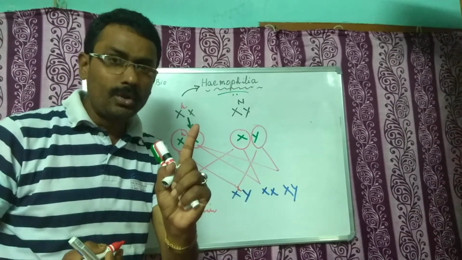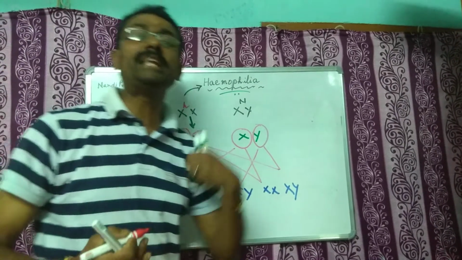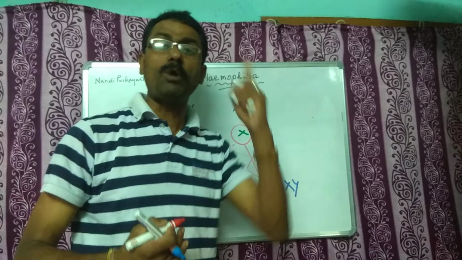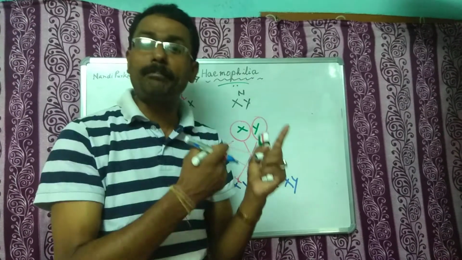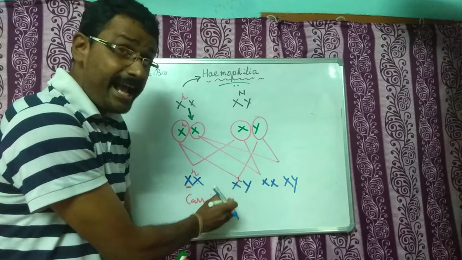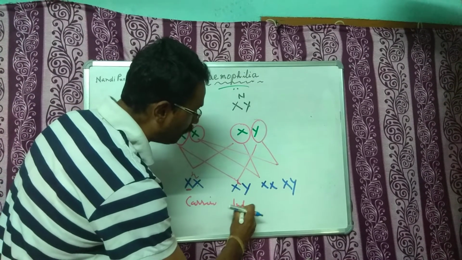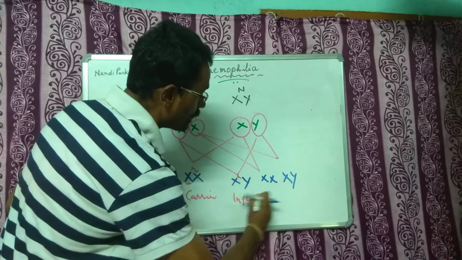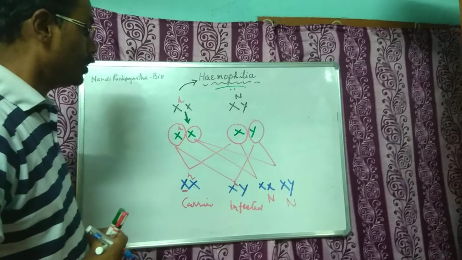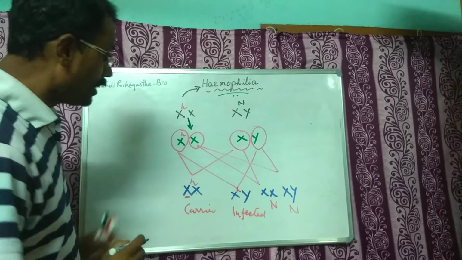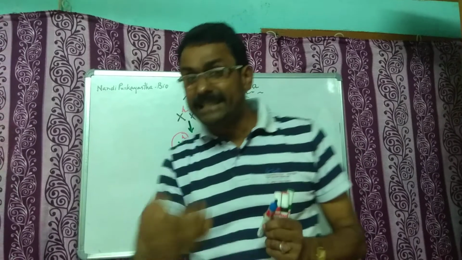As it is alone, maybe single, maybe recessive, it has the capability of expression, because the Y chromosome has no capability to suppress the expression of the X. So it becomes infected. These are normal; N means normal. So what are you finding here? Females are carriers. Males get the disease.